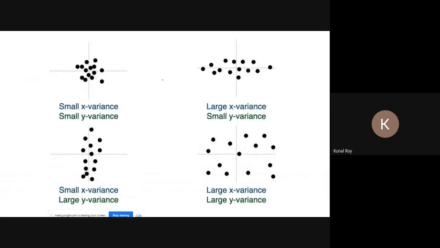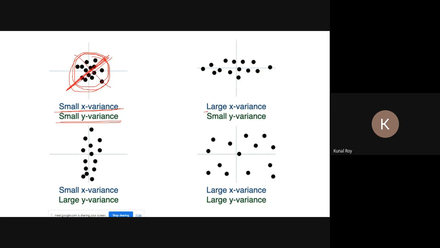So by using the variance also we can separate the data. If we have small x variance and small y variance, the data will be looking like this. The visualization will be looking like this, which will take me lots of time to separate the data between the different types of classes.